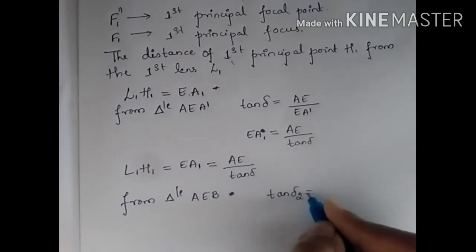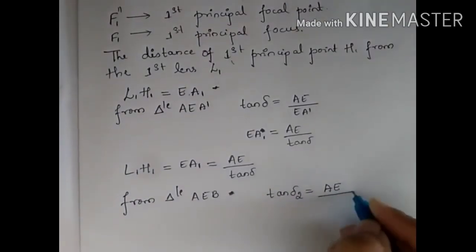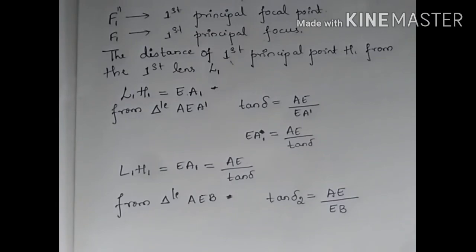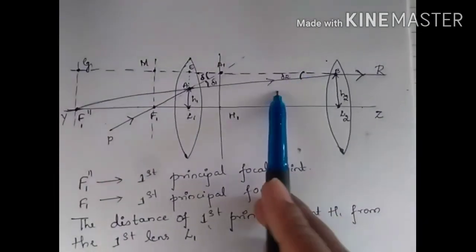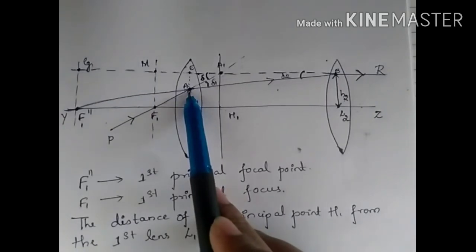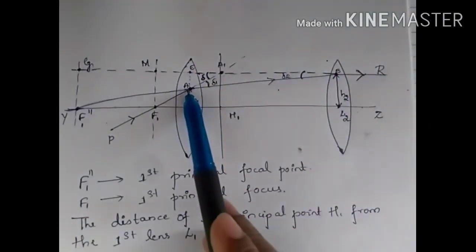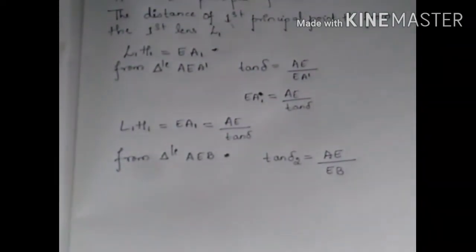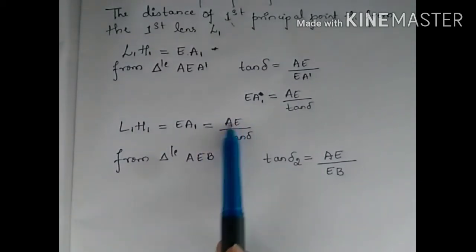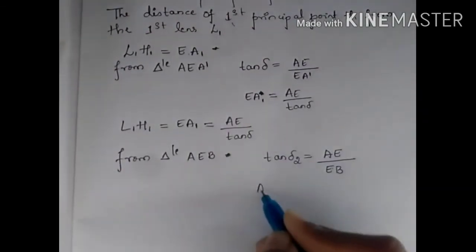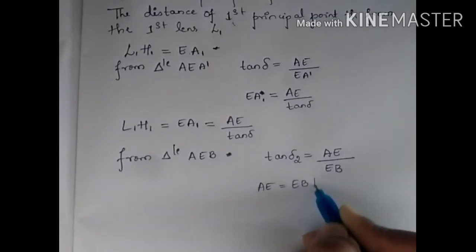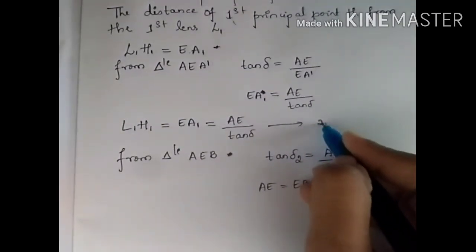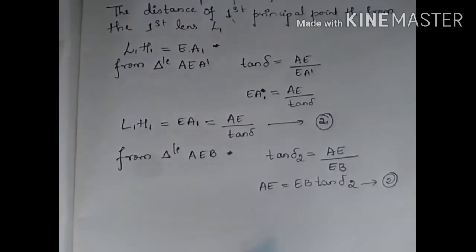Tan delta 2 is equals to AE divided by EB. So that is clear, right? So you have tan delta 2 here. So for tan, we need to consider this side and this side. So AE divided by EB. So that is what I have written here. So what we want is AE. So if you cross multiply this, AE is equals to EB tan delta 2. So substitute equation 2 in equation 1.